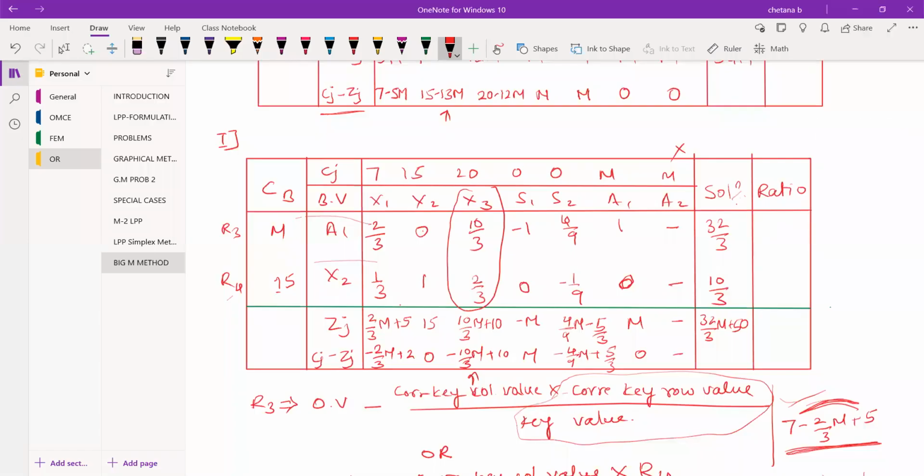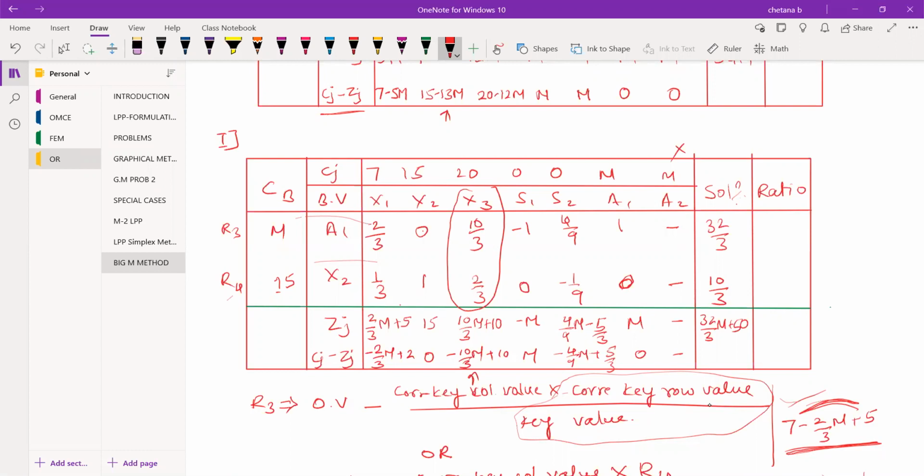Coming to the problem, yes, we were here and we have picked the key column by observing which is the most negative. In this case, minus 10/3 M is the most negative, and accordingly we marked x3 as the key column.